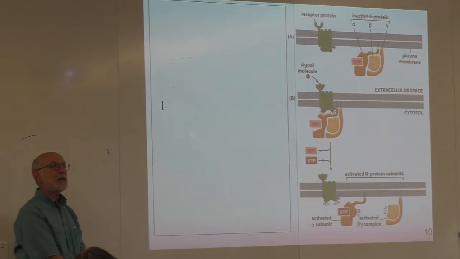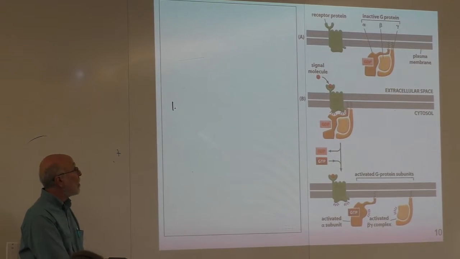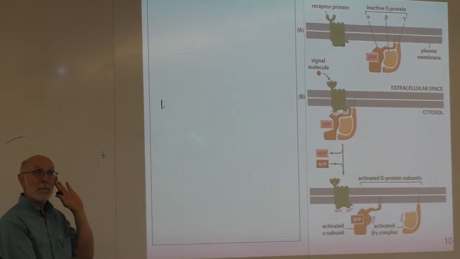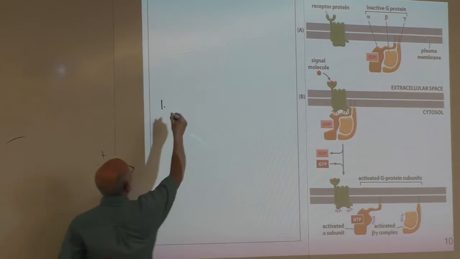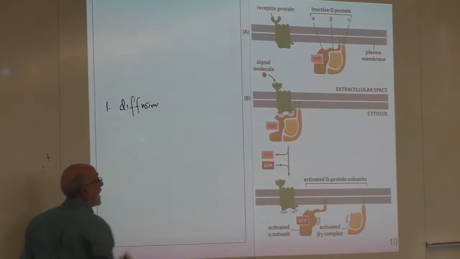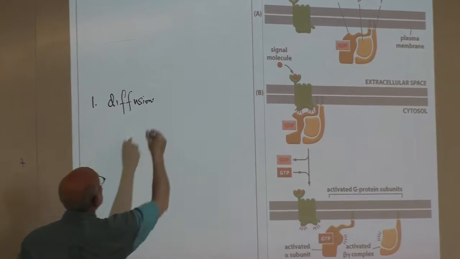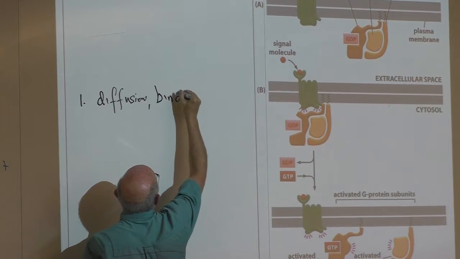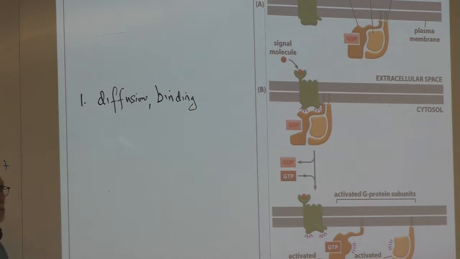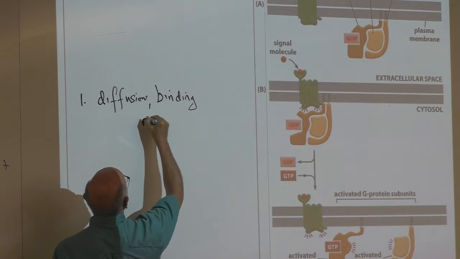So someone tell me some words that describe what's going on in step B. Student: Diffusion. And binding of the hormone or neurotransmitter to the receptor.